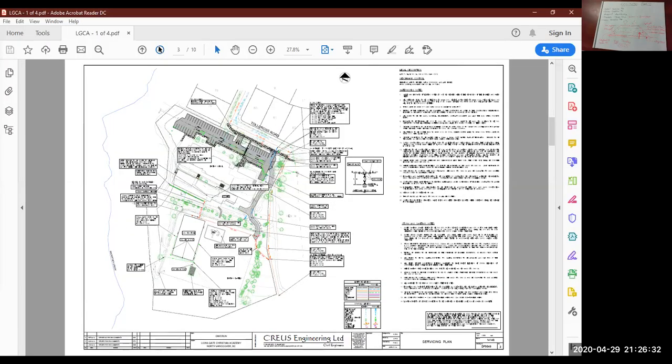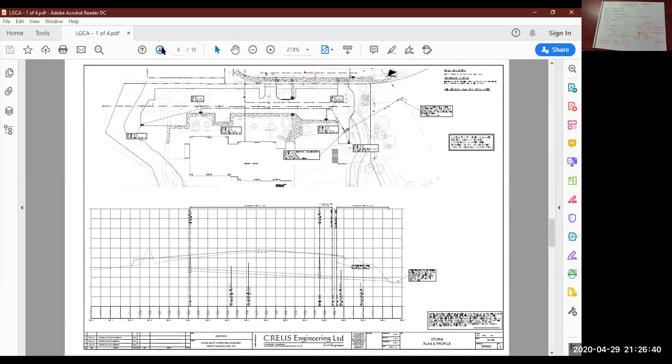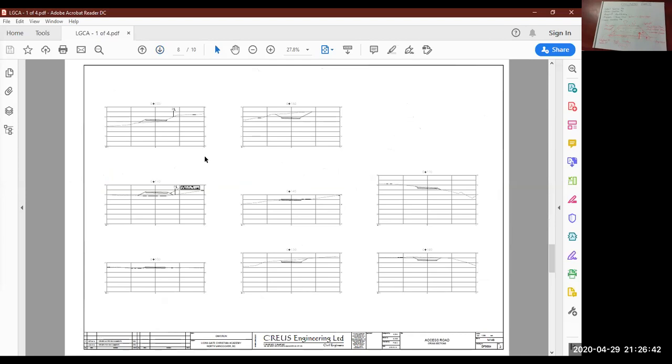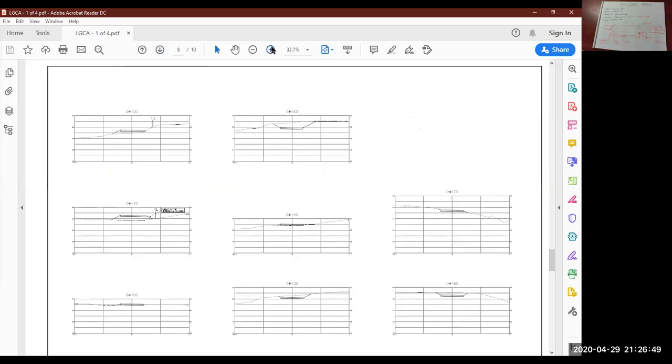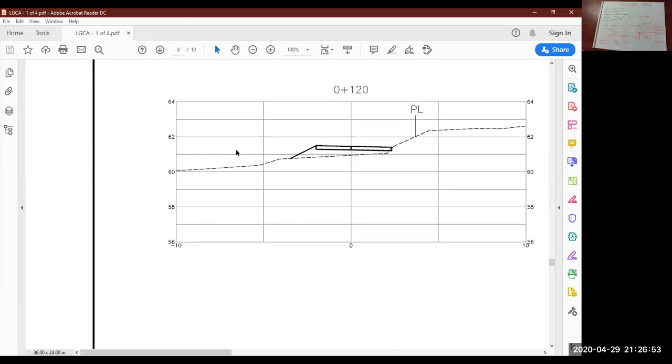This is the plan of the access road that you'll use. Notice all the signs that are shown there. And here are the cross sections. This is sheet 9554. If I zoom in here, this will tell you your scale.